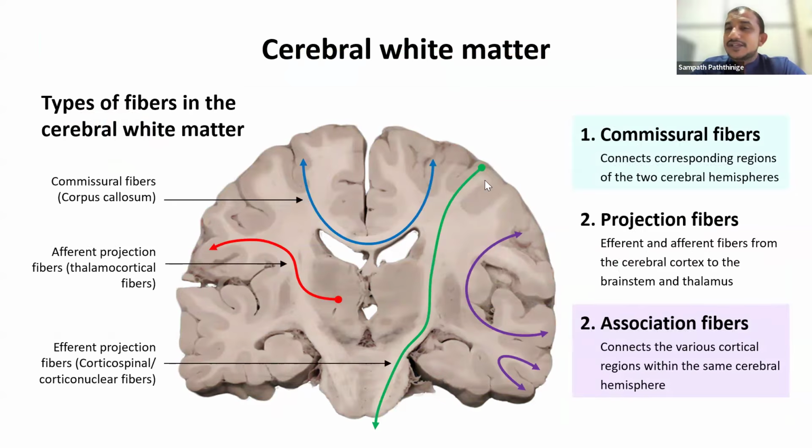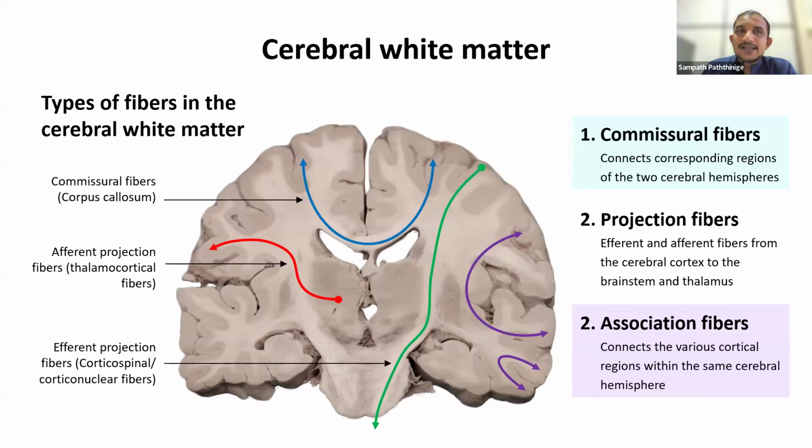Then there are projection fibers which go from the cerebral cortex to lower down. The internal capsule and the corona radiata have the projection fibers. Then there are association fibers which connect the different cortical areas of the same hemisphere together. So we call them the association fibers.